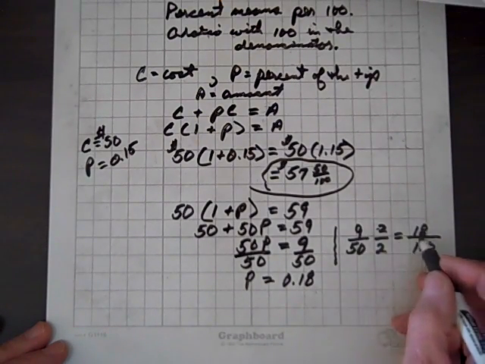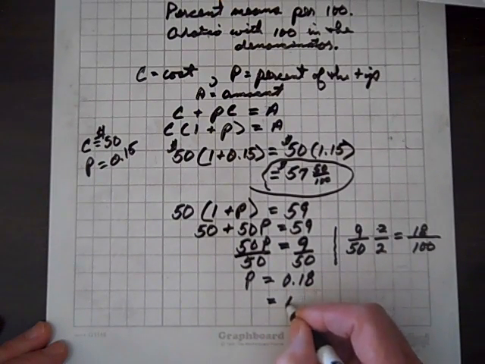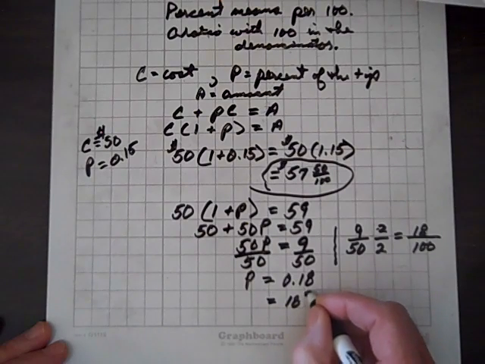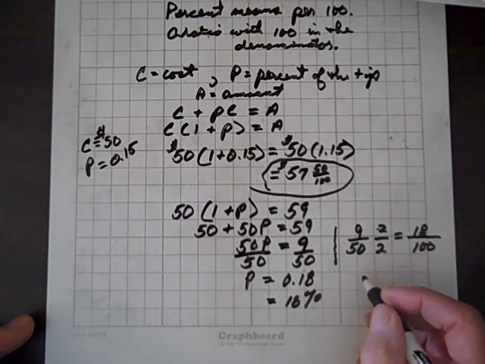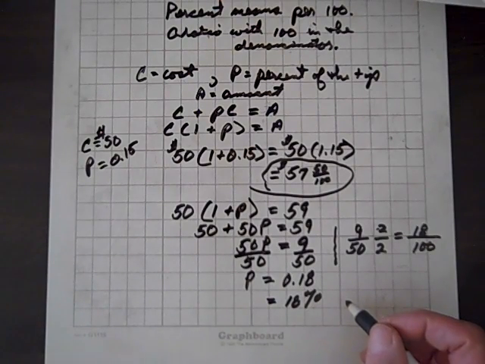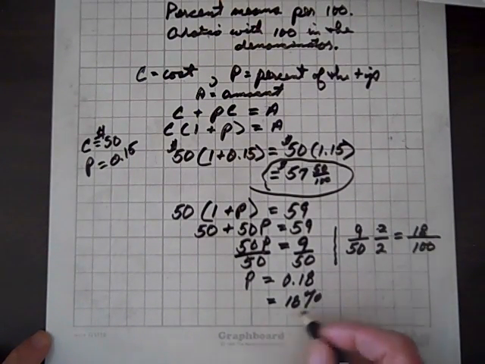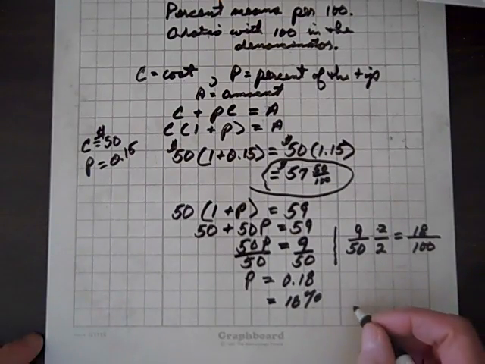If we carry out the division, we're going to get 0.18, which equals 18%. So the percent that we applied for the tip was 18%. And we're done.